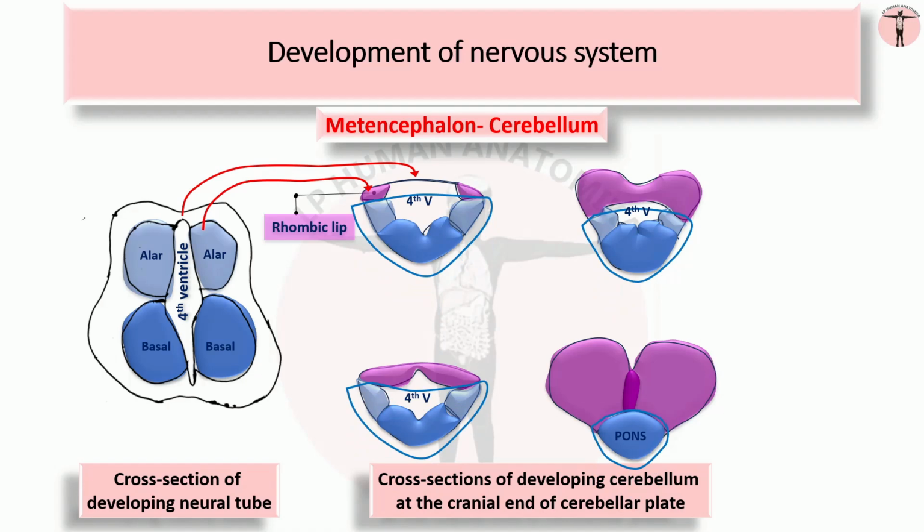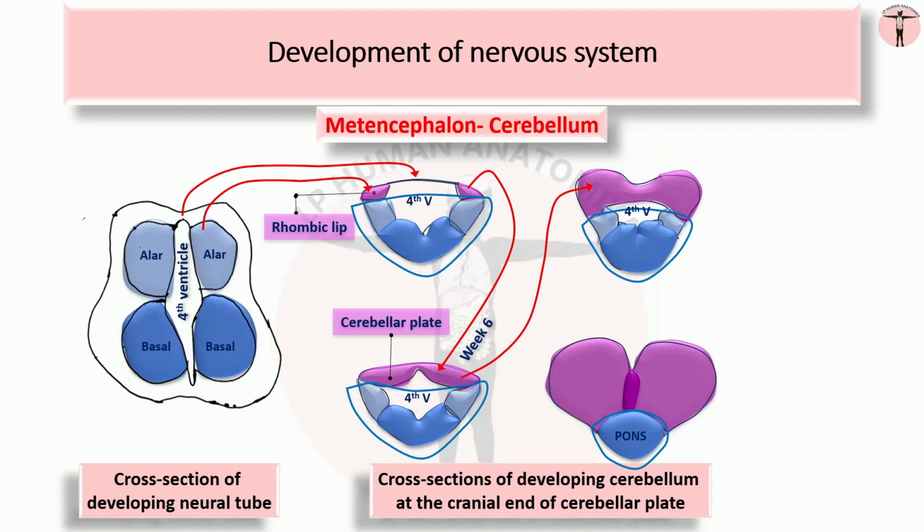The rhombic lips thicken at week 6 to form the cerebellar plate, which further grows and gives a dumbbell appearance. When observed craniocaudally, the cerebellar plate is separated into cranial and caudal portions by a transverse groove.